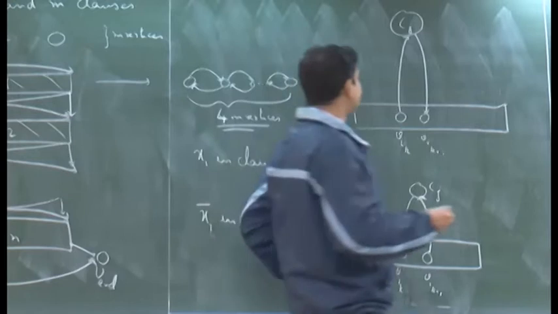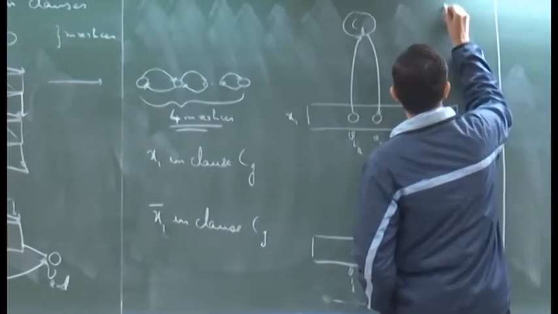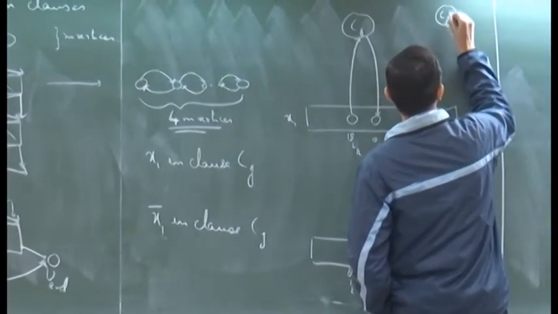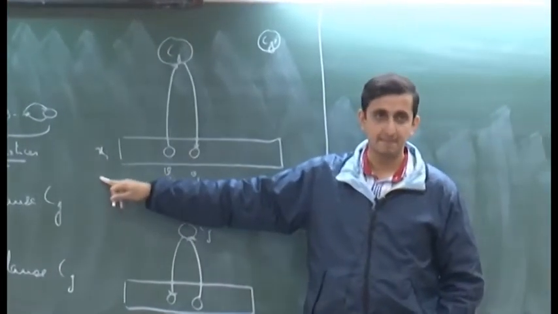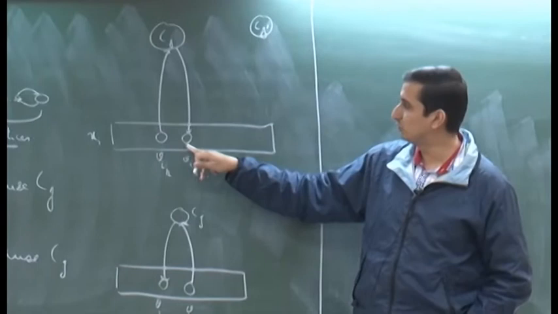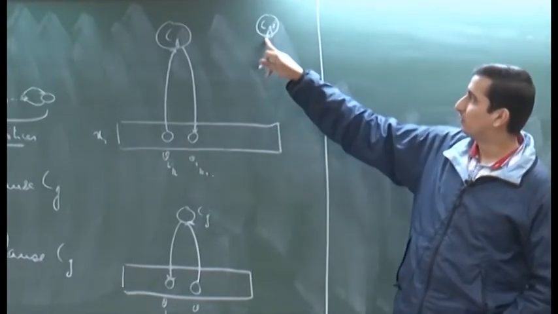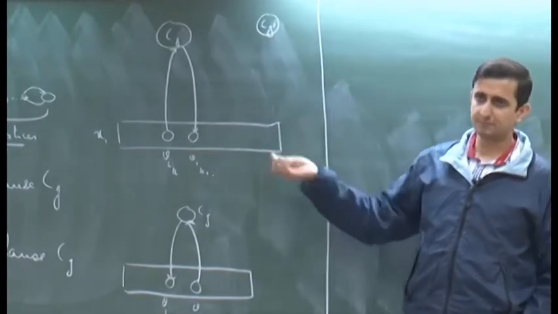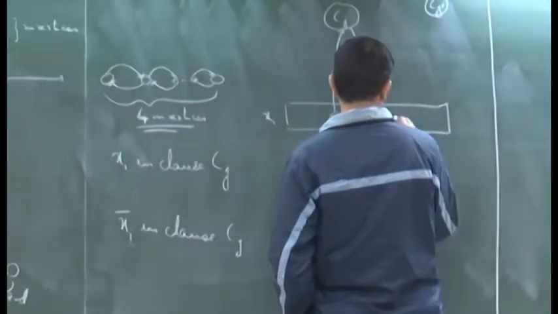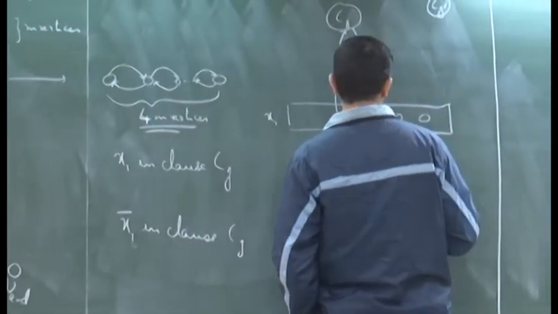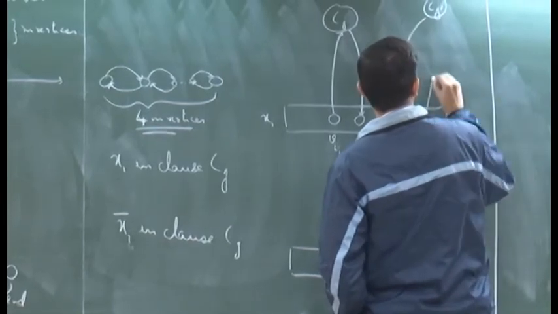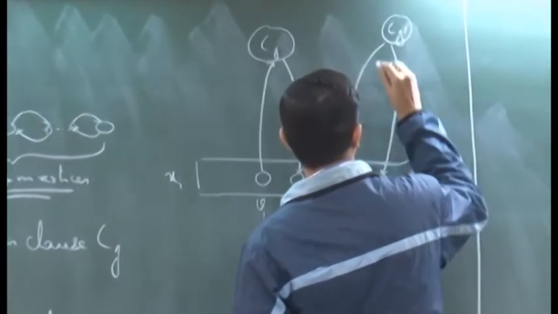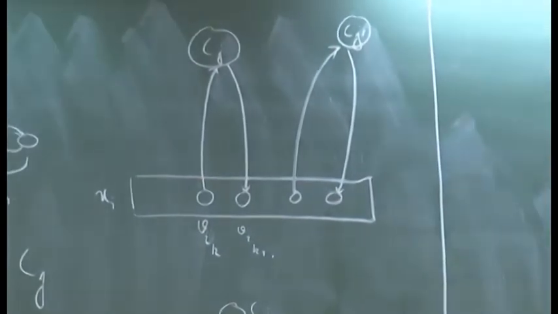Maybe there is also some other clause C j prime which uses the variable x I. I will just make sure that these two vertices are not used to connect C j prime, just some two other vertices, maybe something here and something here, for some other k prime.